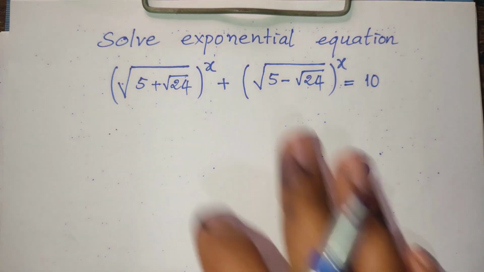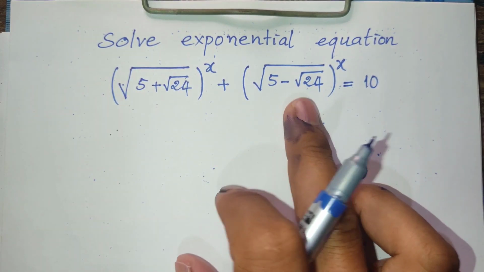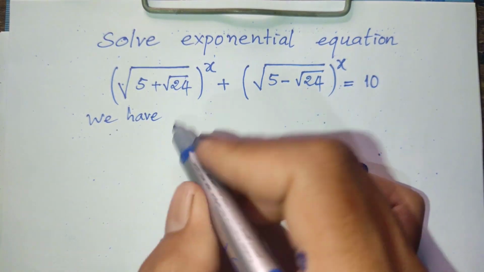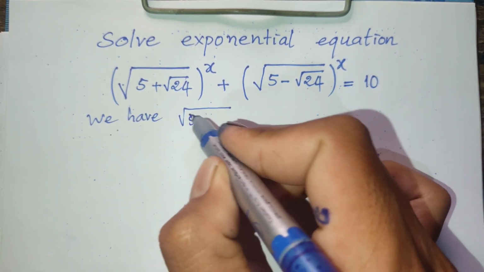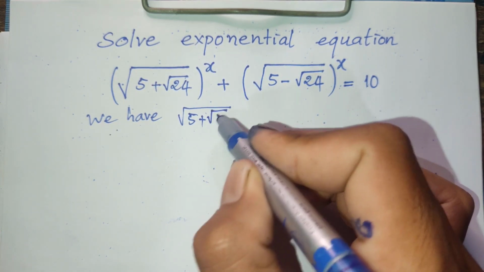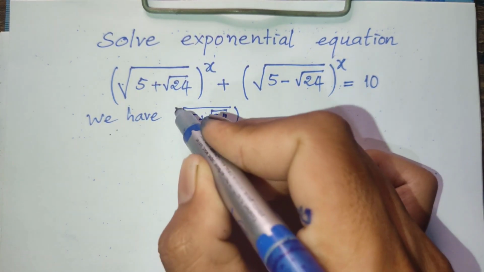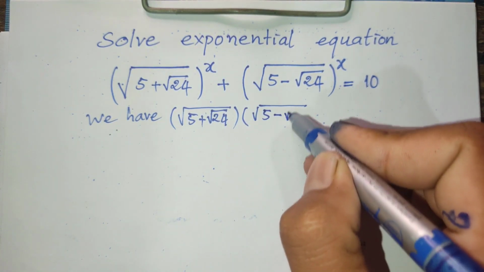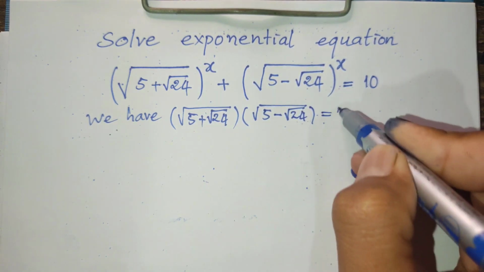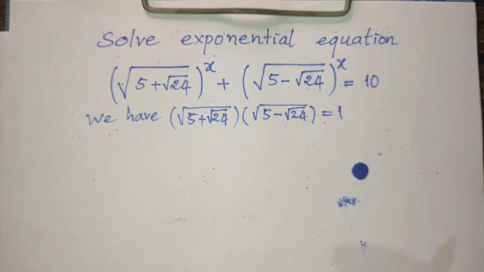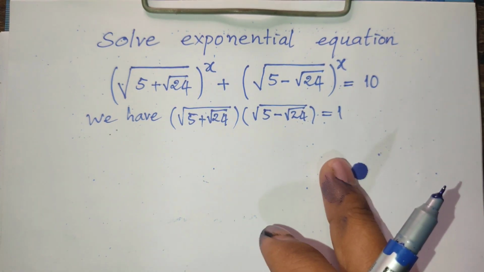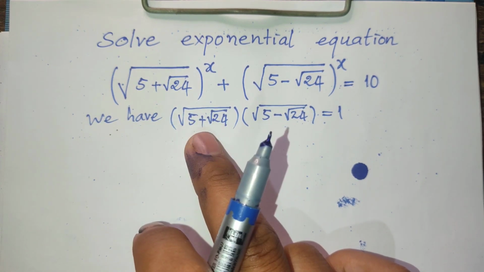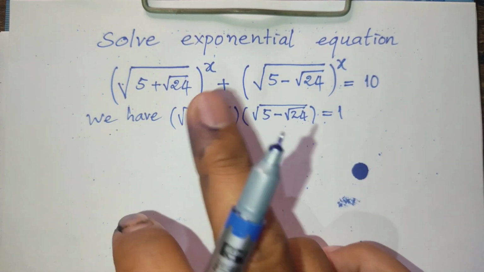So we have (square root of 5 plus square root of 24) multiplied by (square root of 5 minus square root of 24) equals 1. Now I can find these factors, and I move one factor to the right-hand side.